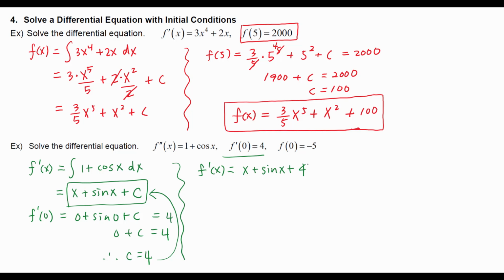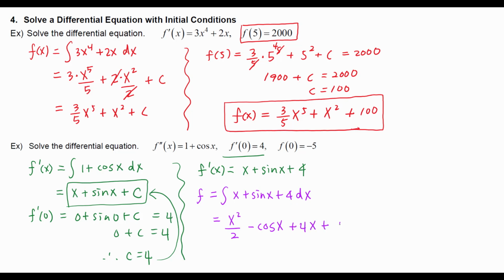So now, given that, I would like to recover f. So f will be recovered by taking the integral of f prime of x, which is x plus sine x plus 4 dx. And when you take the integral of x, it is power 1 right now. So when you add 1 power, you get power 2, and you need to divide by that power. And the integral of sine x is negative cosine x. And then the integral of 4 is 4x.